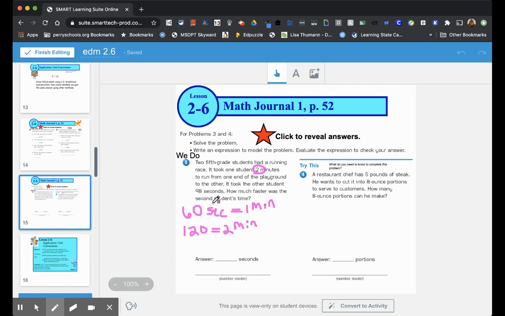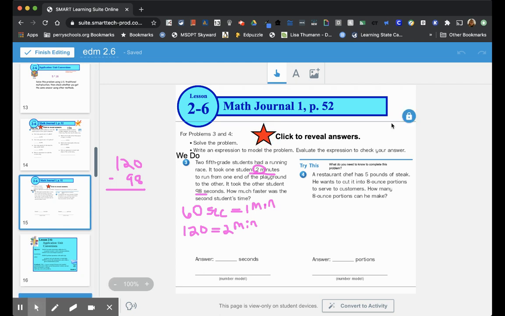And now I can compare. I can see that this student was 120 seconds, where this student was 98 seconds. For this problem, I'm going to take 120, and we're going to subtract 98 seconds from this. 120 minus 98 seconds, and you will get your answer.